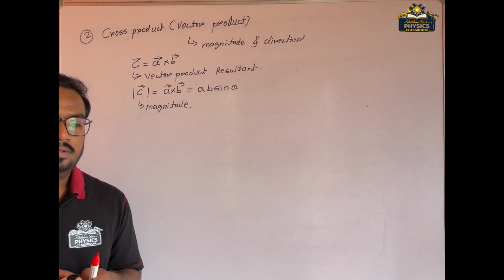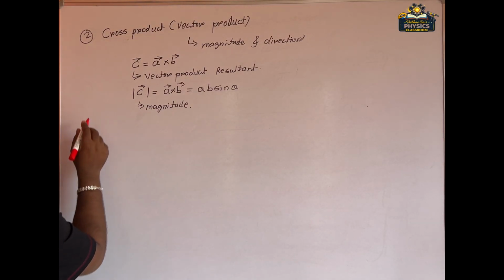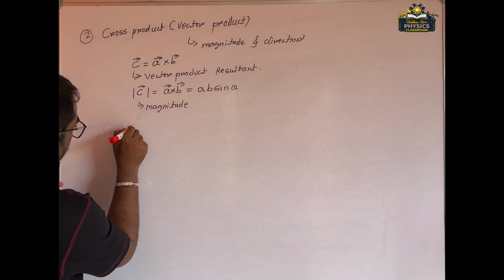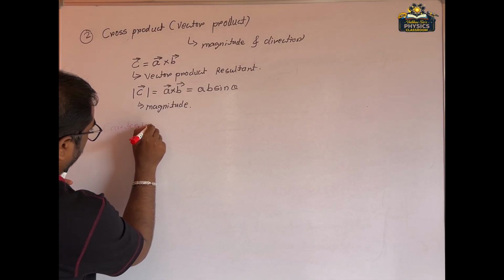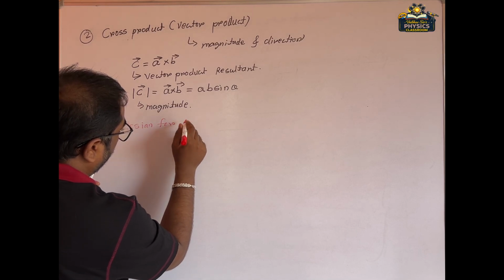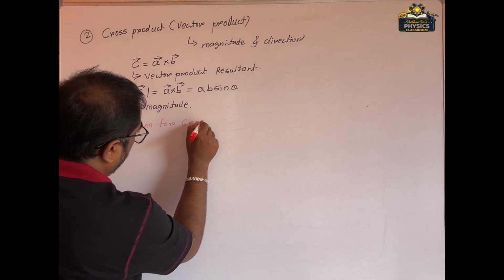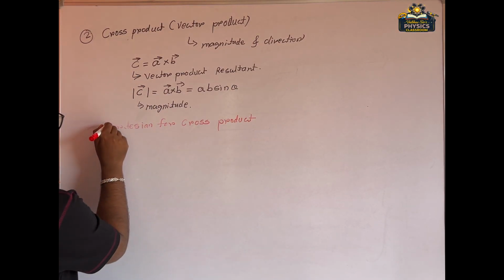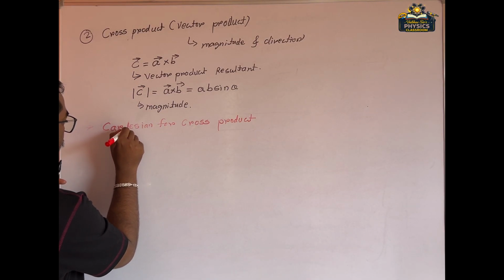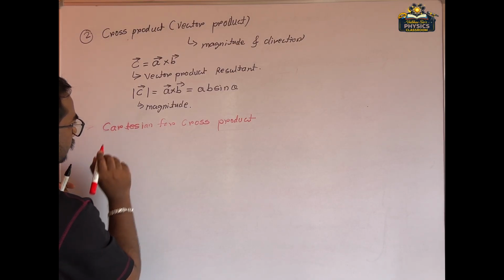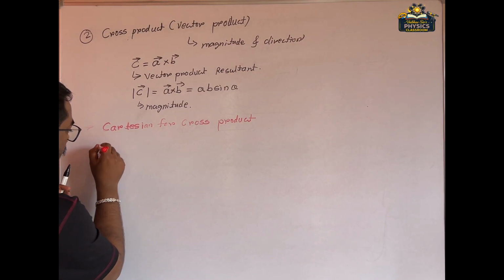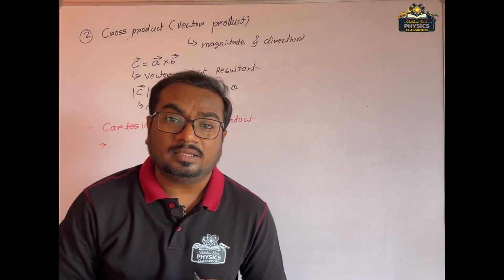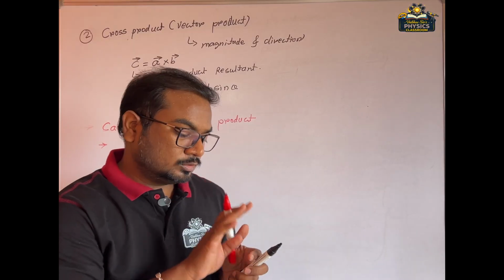All right. But in the Cartesian form, cross product, how can we get it? Okay, with the help of a right hand thumb rule. So what is the right hand thumb rule?